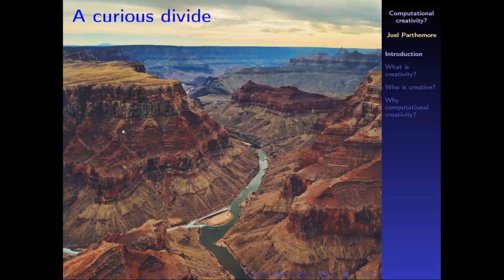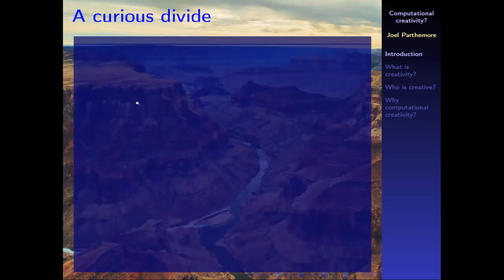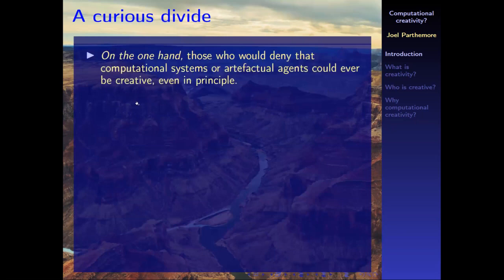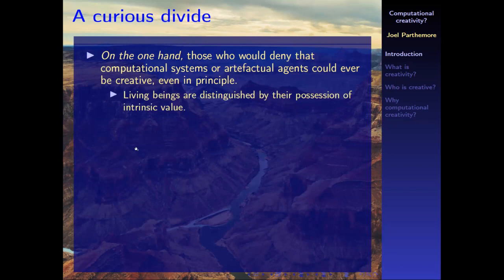So there's a curious divide I find in discussions about computational creativity. On the one hand, there are those who would deny that computational systems or artifactual agents could ever be creative, even in principle. And here I have in mind someone like Jordan Zlatev, whom I worked with in the Center for Cognitive Semiotics at the University of Lund.